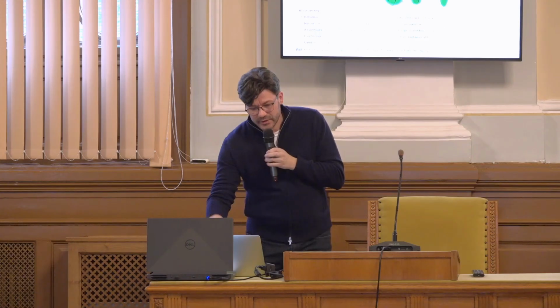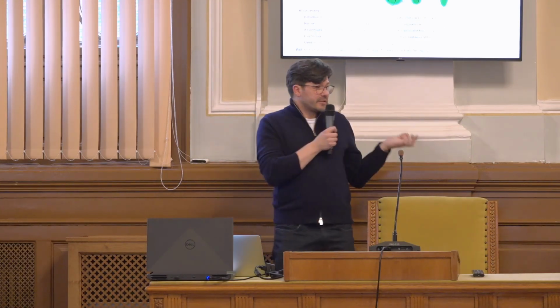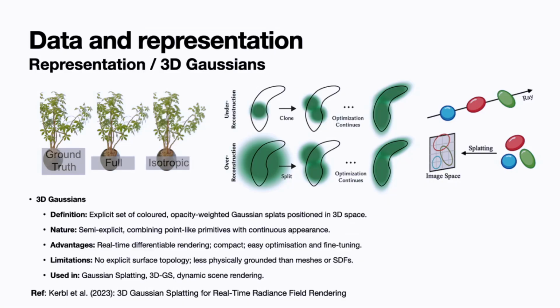So the next one is 3D Gaussians. These are similar to point clouds. In the same way as point clouds, we have a bunch of points in the space, but instead of points, we have proper Gaussians, which have color values, shades, and so on.